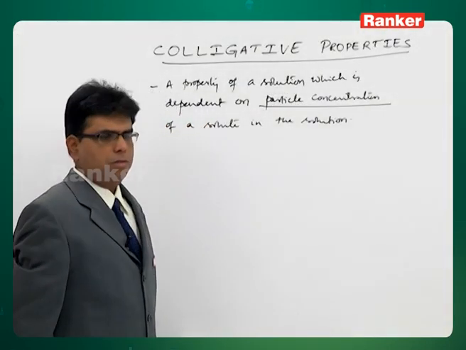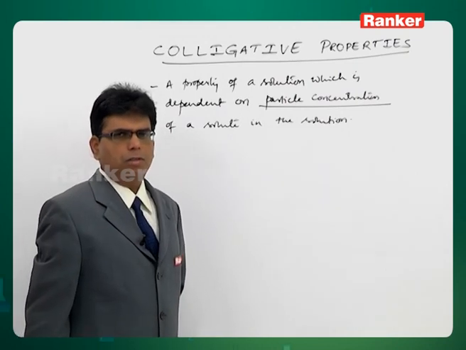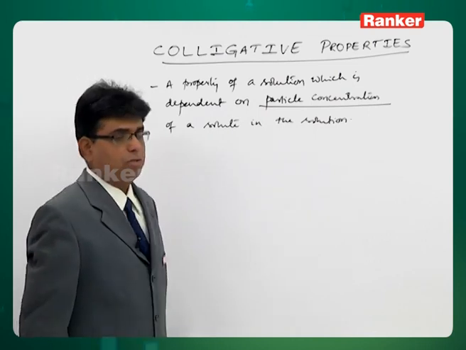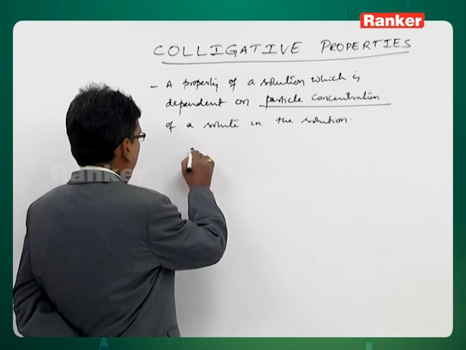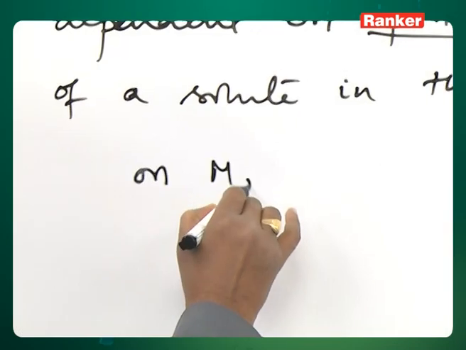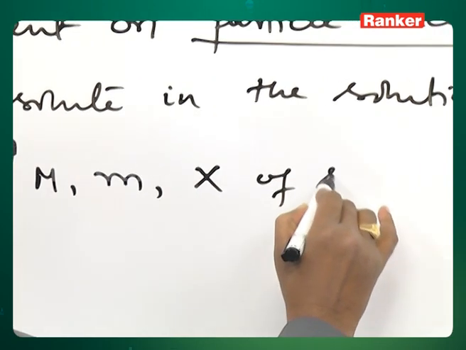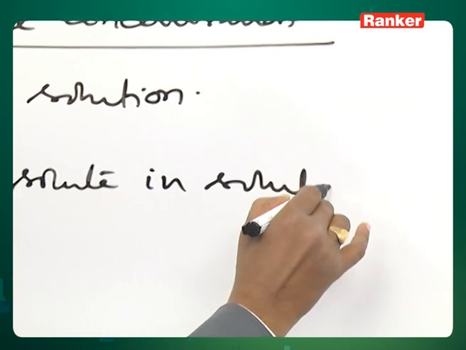The meaning is, it is a property of a solution which depends only on the particle concentration of the solute, that is, on the molarity or molality or mole fraction of the solute in the solution.